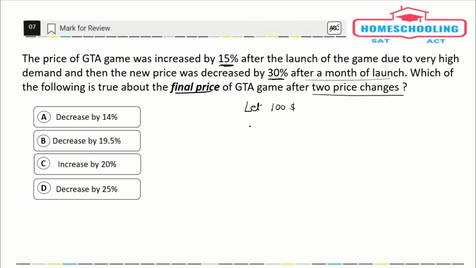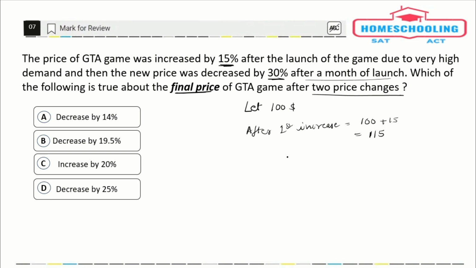So after the first increase, as we have read in the basics, if something is increased, we have to add: 100 plus 15, that would be $115, because 15% of the price has been increased.